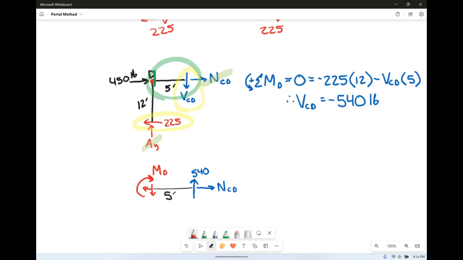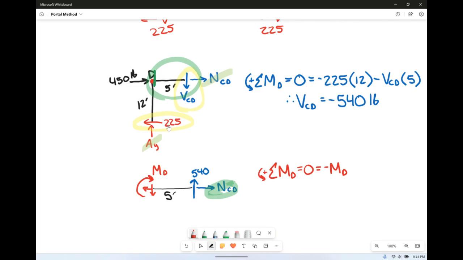So conveniently again, if we sum the moments about D and set it equal to 0, well, there's moment at D acting there. He's of course going the wrong direction, so there's negative moment at D. Normal CD here doesn't actually act at D because he's in line with it.